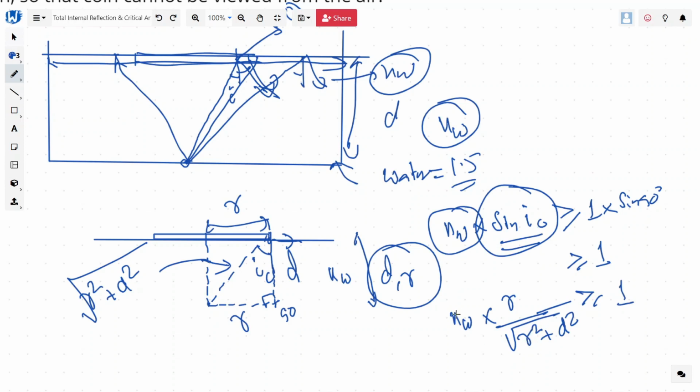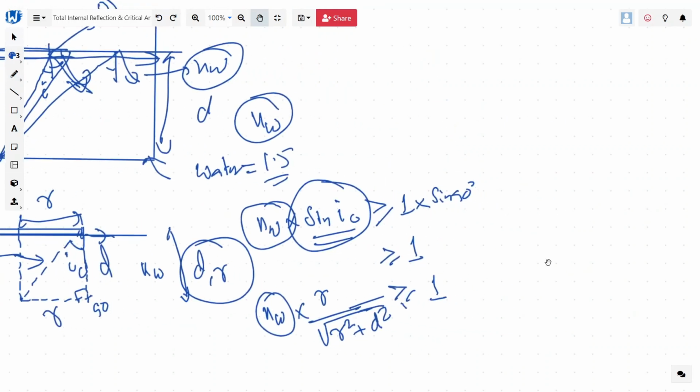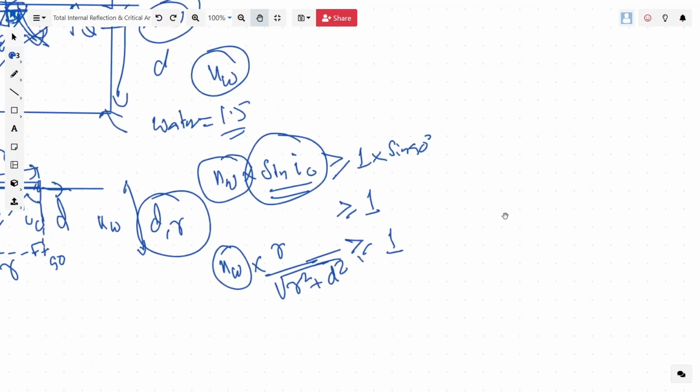We need to find that R, we know NW and D. Putting it simply there, by solving this equation, R is going to be equal to D by the root of NW square minus 1.